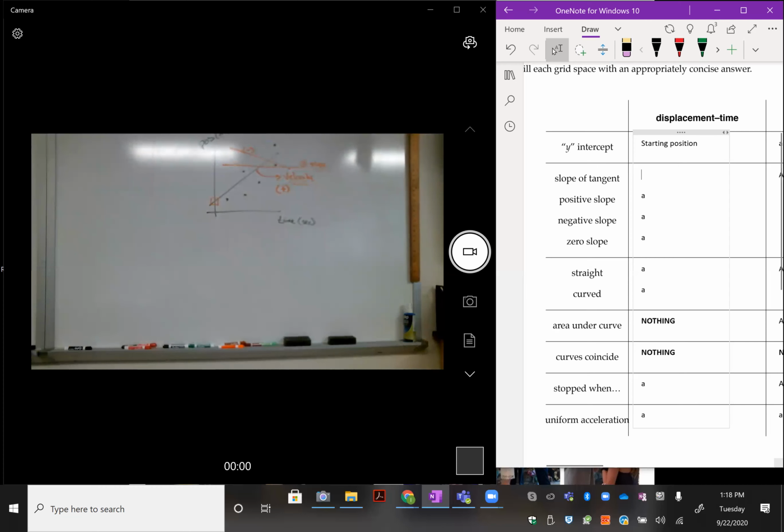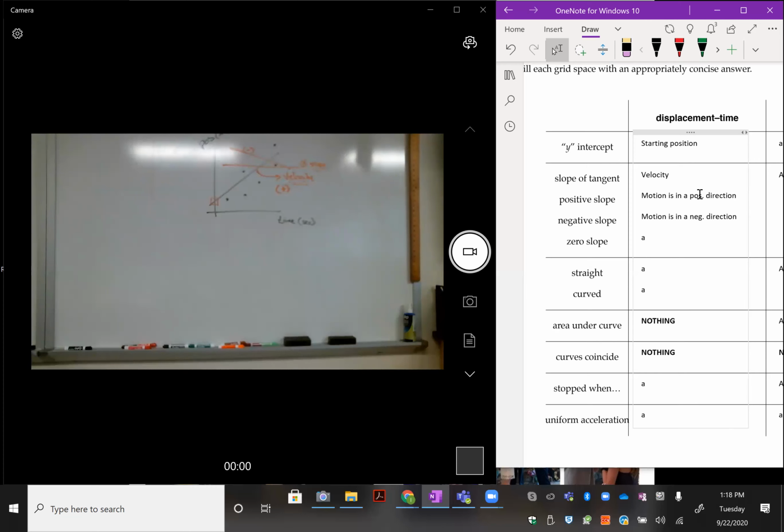The slope of the tangent is the velocity. Okay, very important. A positive slope means that your motion is in a positive direction. A negative slope means that motion is in a negative direction, right?